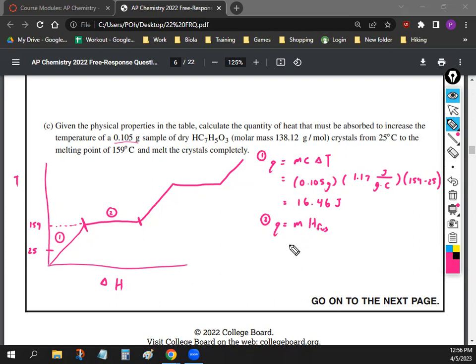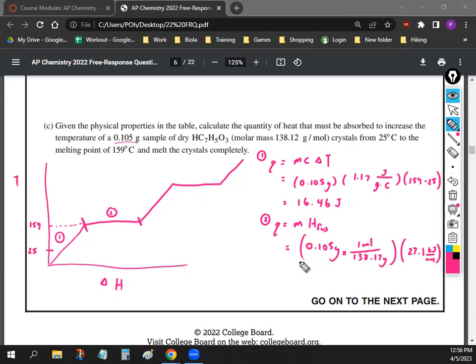So you're going to have to convert the mass into moles. So we're going to do 0.105 grams, and then you'll have to use the molar mass, 138.17 grams. Okay, so this is going to be your moles, and then you're going to multiply that by the heat of fusion, which is 27.1 kilojoules per mole.